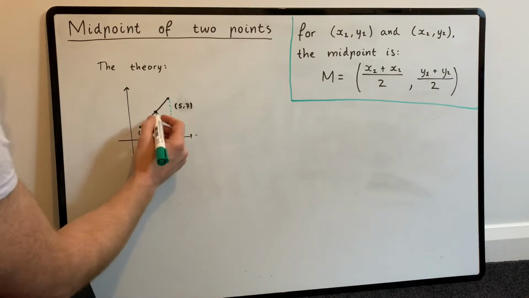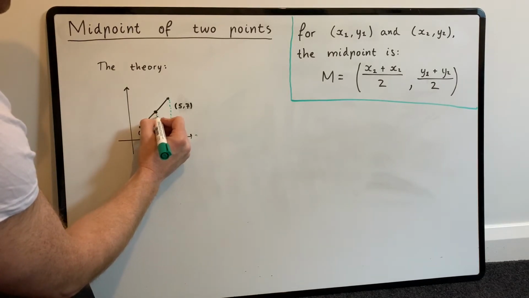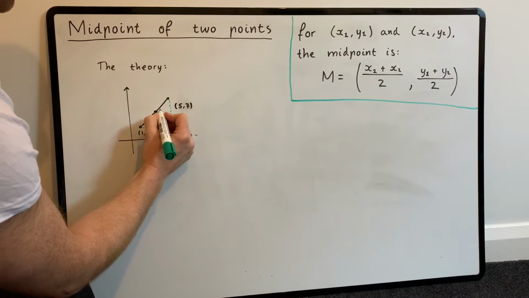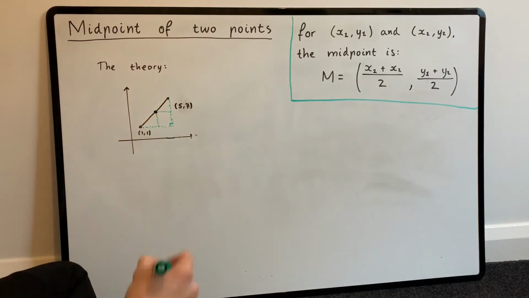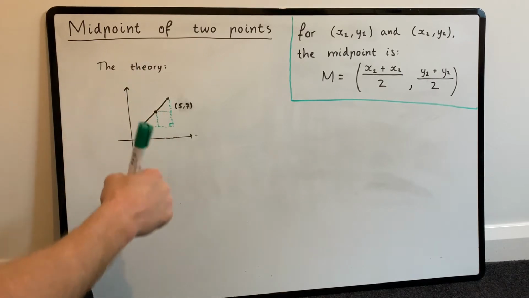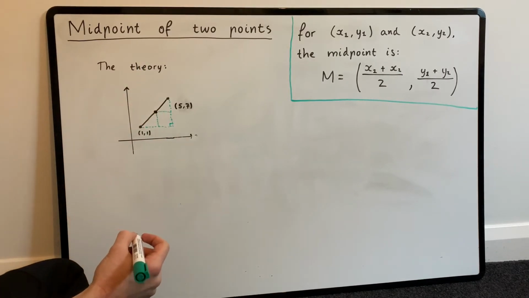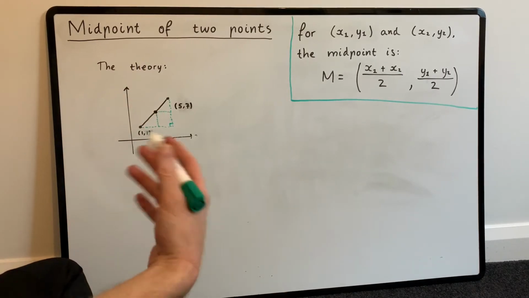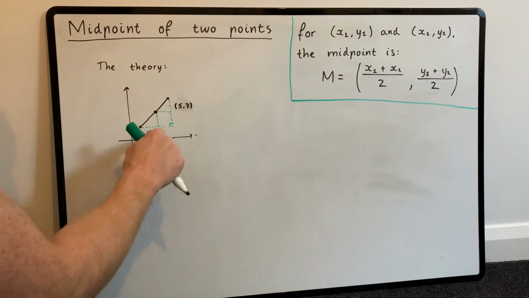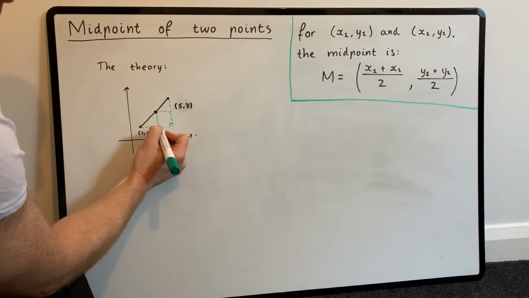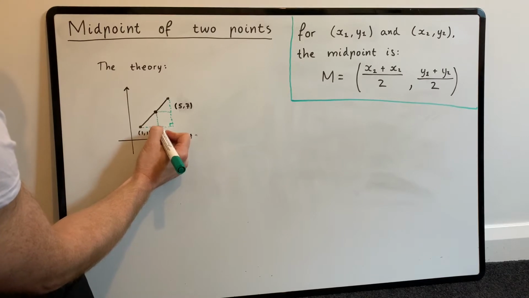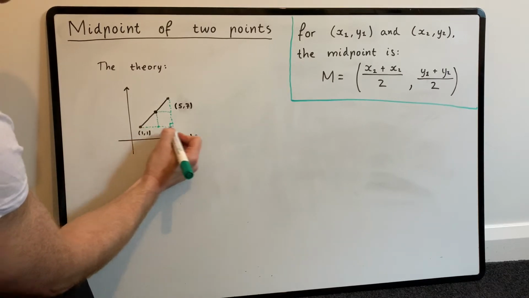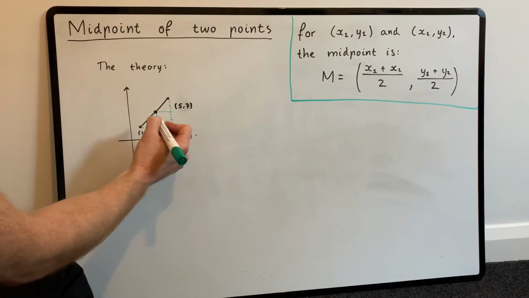And we can dot out where the x and y values of this midpoint might be. And you can see visually that here, this point is splitting this bottom side of the triangle in half.